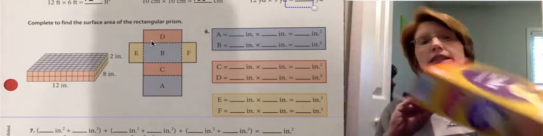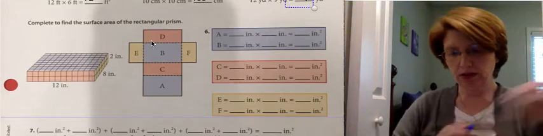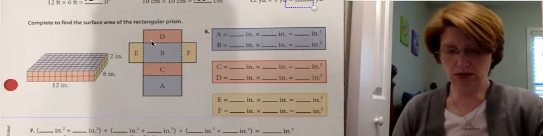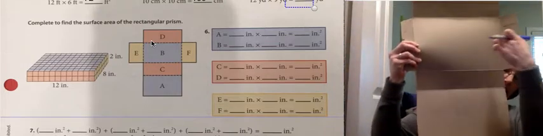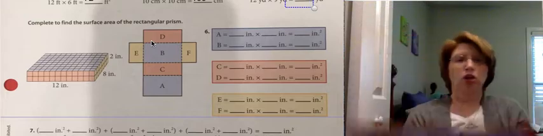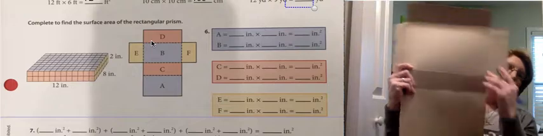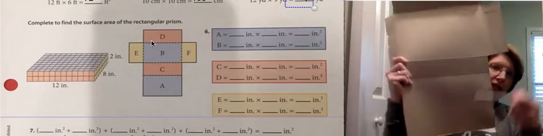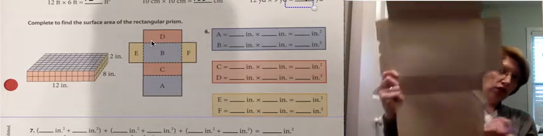So if I open this up, then this one down here, like they have, this is A. So A, when I have my box closed, is parallel to this one. That means they're equal. So this is B, just like I'm labeling it the same as your paper. So this is A and this is B, and these are going to be the same. Now, what are the other two that are the same?